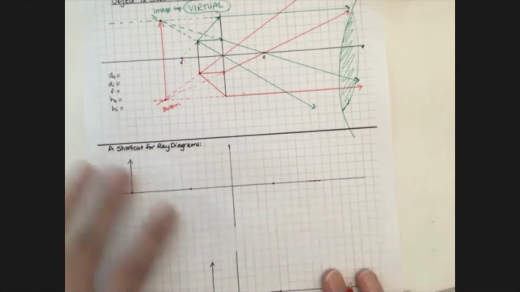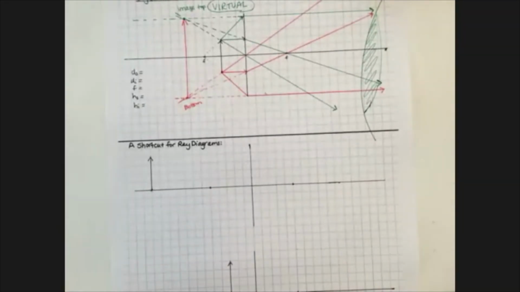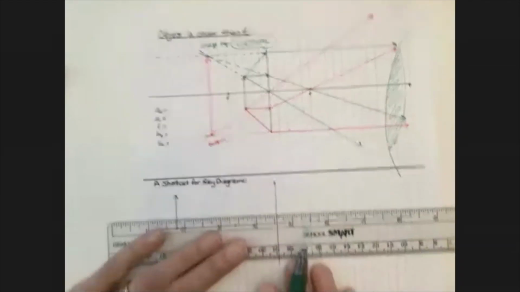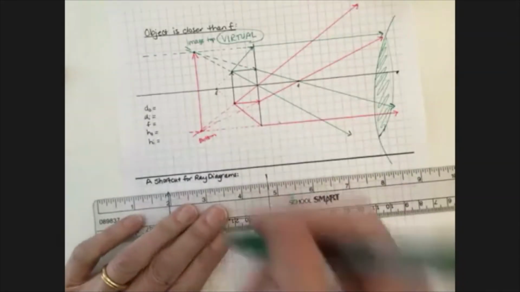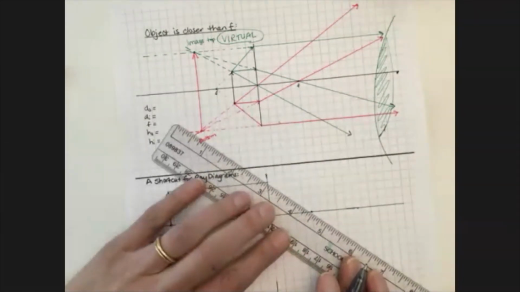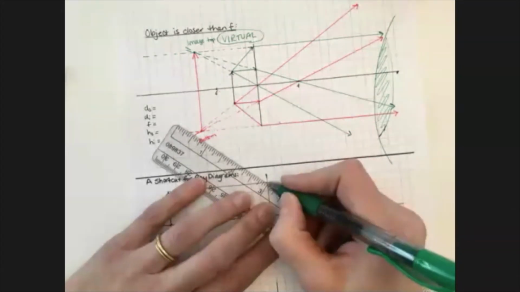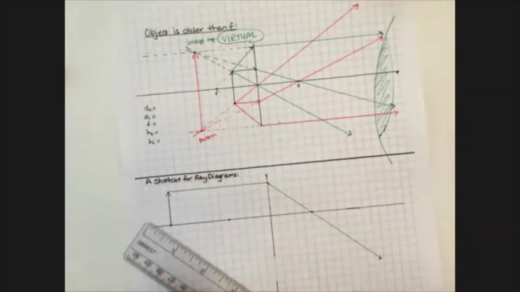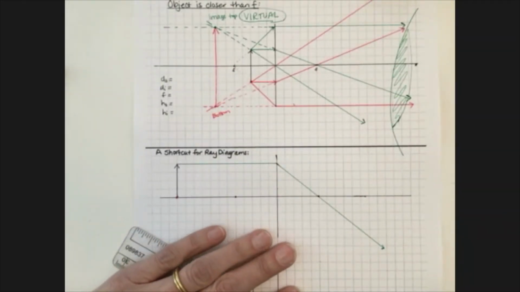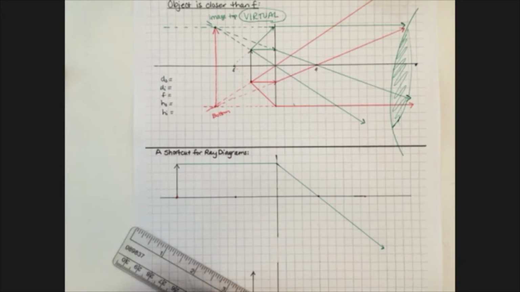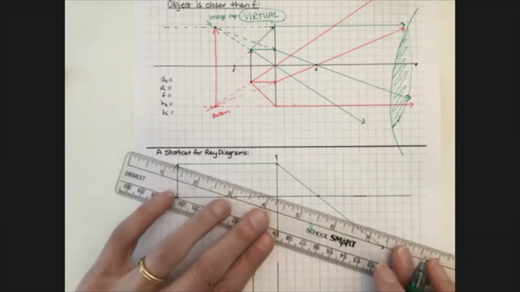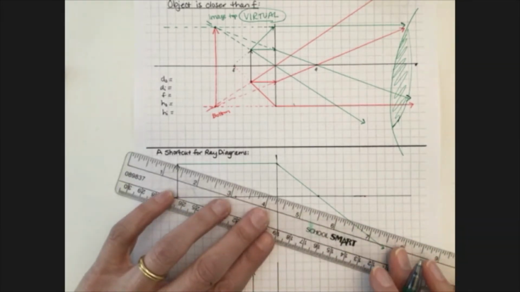So let's do 2 examples of how this will work out. I think you'll see how it works out. So the first light ray goes in parallel and out through the focal point. The second one goes in through the center.